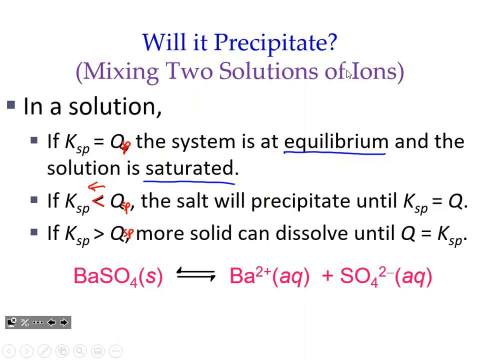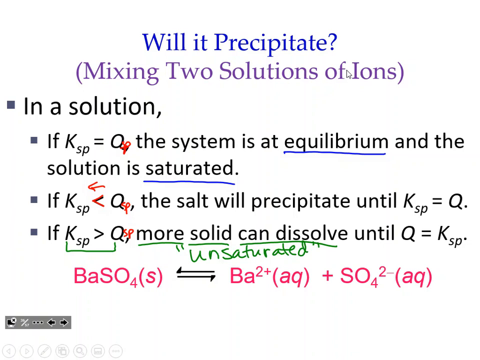Now, the third possibility here: Ksp is greater than Qsp, the last one right here. What does that truly mean? That means you ended up having less product, so it can dissolve more solid. We would consider this point not at equilibrium because it is technically unsaturated if more can still dissolve.